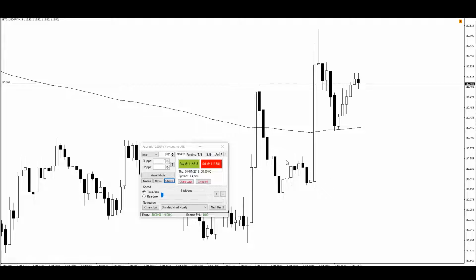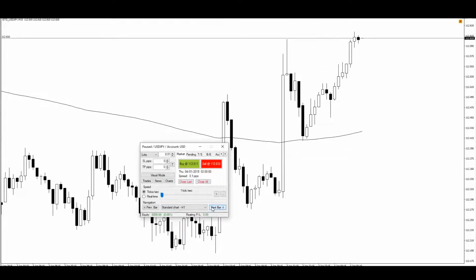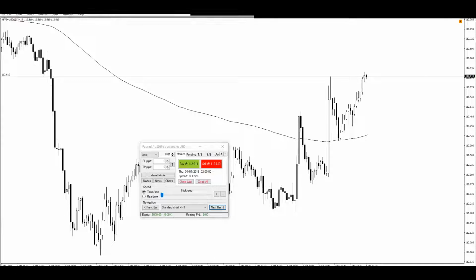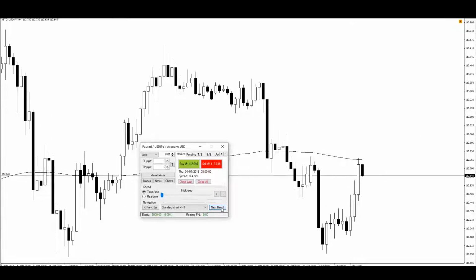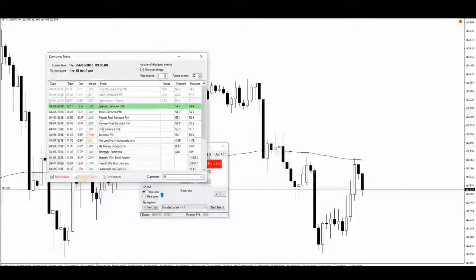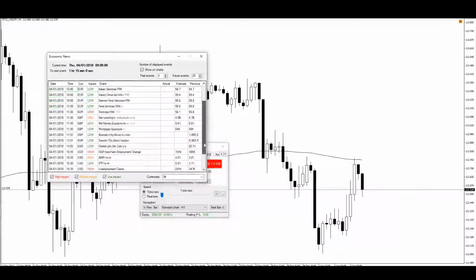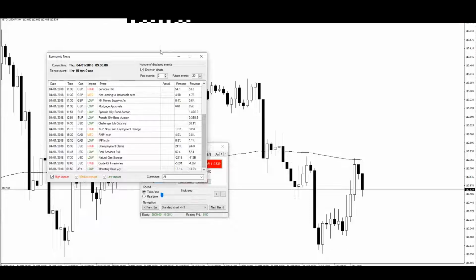So now what we're gonna do? Now we're gonna go towards, this is the 4th, we're gonna go towards the 5th. This is a 15-minute chart. So we're going to go towards, this is the 5th, right? All right, there is NFP, ADP, non-farm change. Wait a minute.